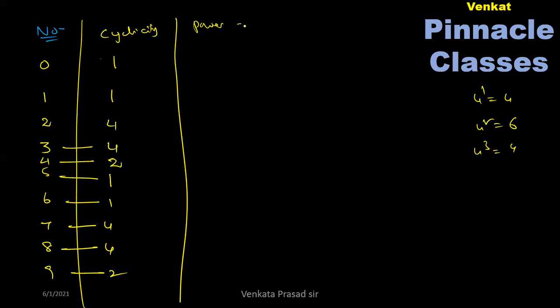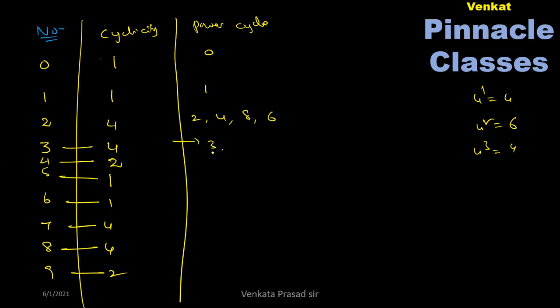Okay, dear students, what is the power cycle here? Every time repeating 0, 1. What is the case coming here? 2. Like that is coming. Repeated. What about 3? What about 4? 4, 6. Only 5 repeated. Only 6 repeated.